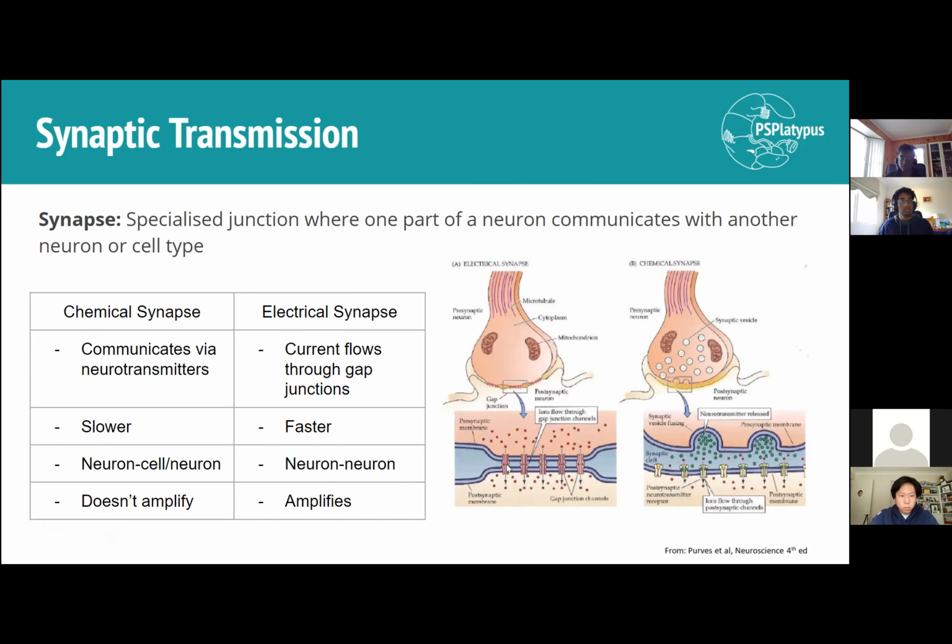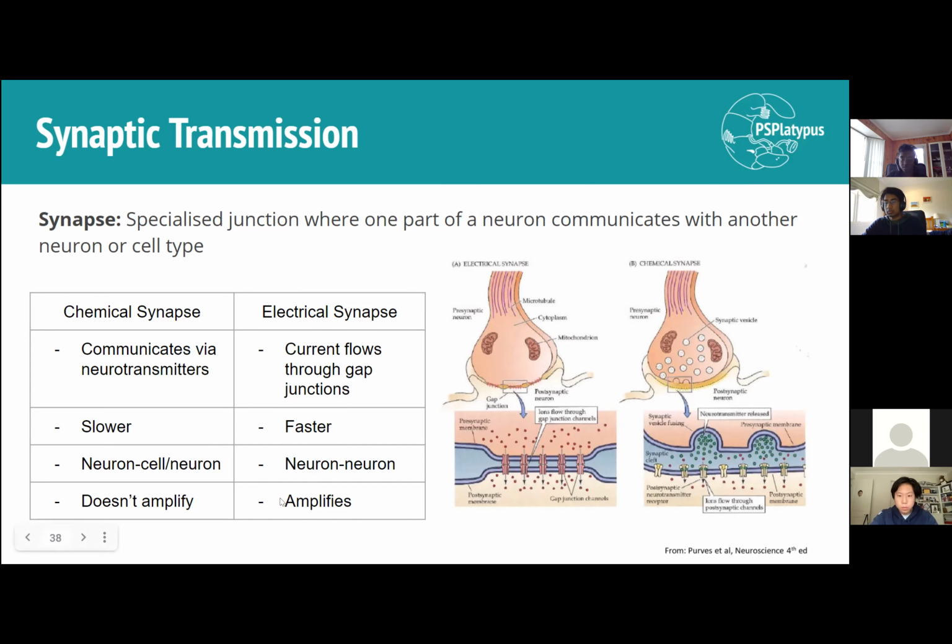So a gap junction is essentially like a small ion channel, which allows for ion flow across. Chemical synapse is slower, electrical synapse is faster. Chemical synapse can do neuron to cell transmission, or neuron to neuron transmission, but electrical synapse can only do neuron to neuron transmission.